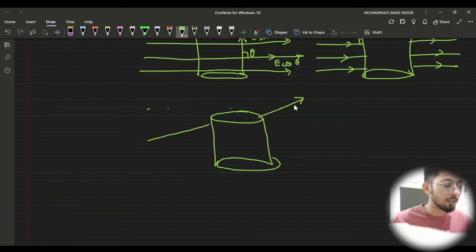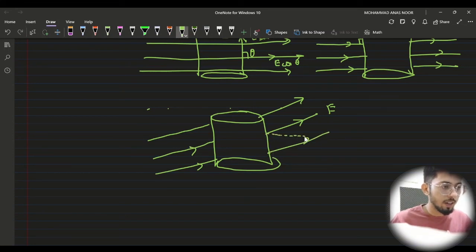I'm not saying it is correct. Let's assume that if it is like this, then this angle theta, so this is E cos theta, and this will be E sin theta.